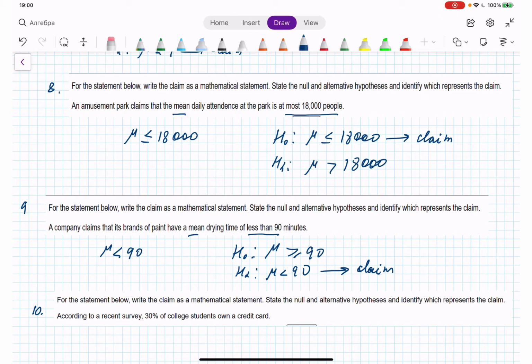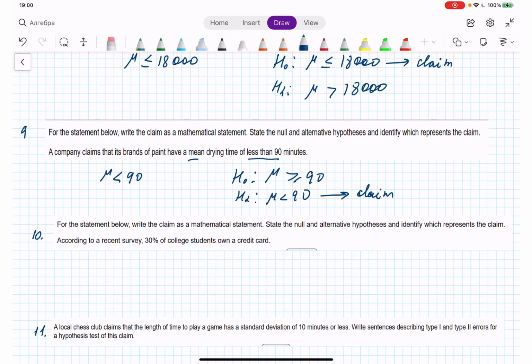Question number 10. Let's finally move to our problem. Number 10, we stopped by. Same thing for the statement: according to a recent survey, 30% of college students own a credit card. If it's about a credit card, that means we are dealing with proportion, right?